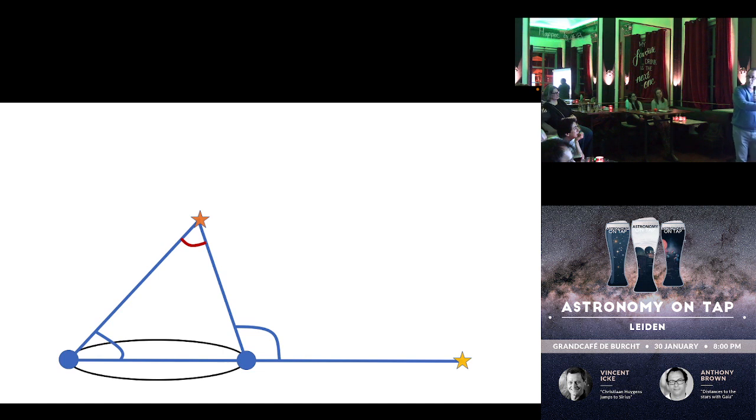And now, again, I'll let you figure this out at home. It's actually true that the difference between the two angles that you measured is exactly equal to the parallax angle of the star. So the trick is essentially that we need to measure parallax by taking a reference star which is very far away from the star that we are actually targeting, very far in angle on the sky.